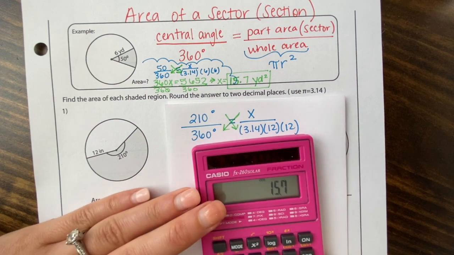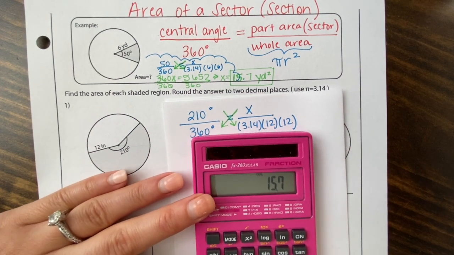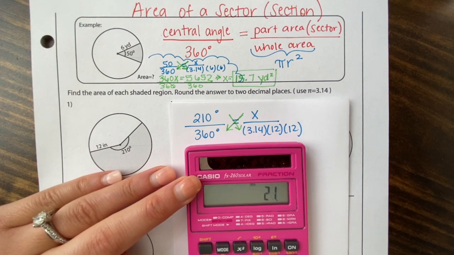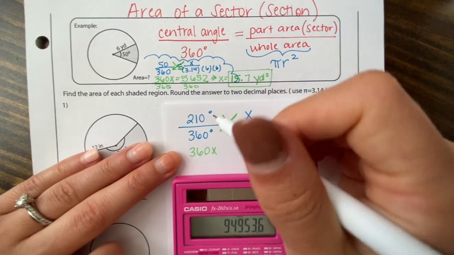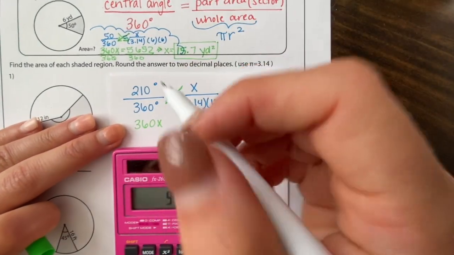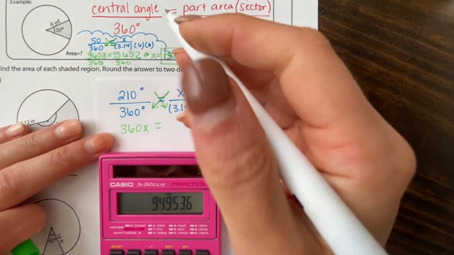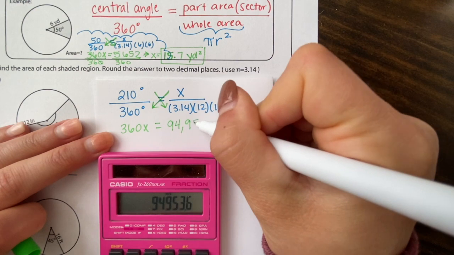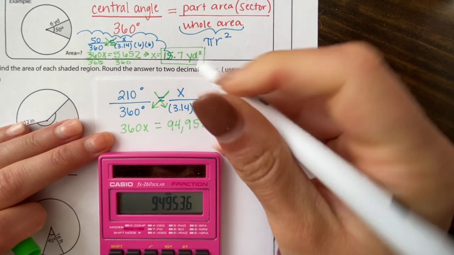210 times 3.14 times 12 times 12. You get 94,953.6.